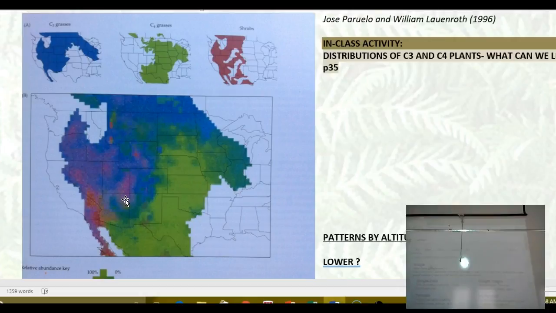Vegetation at Four Corners. Oh, I really wanted it to come up because that's what's there.